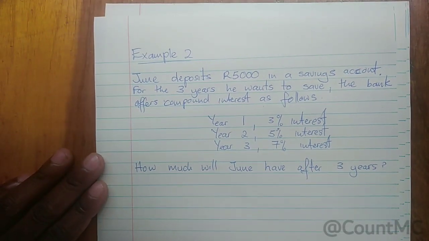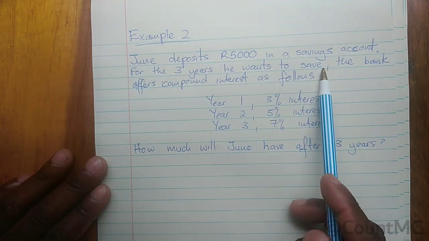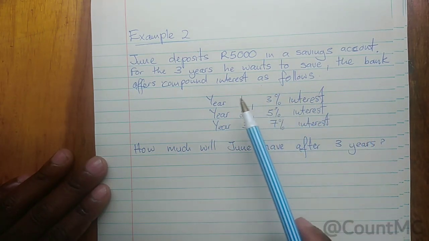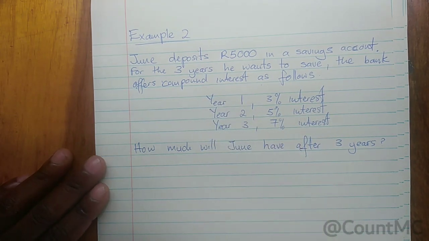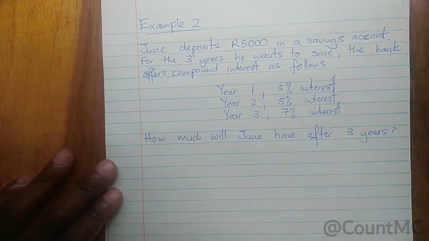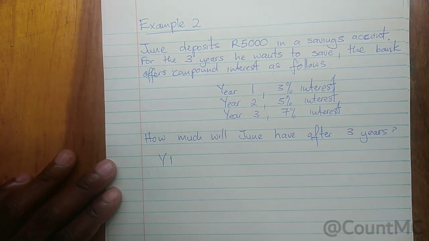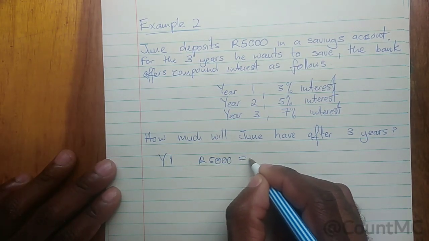June deposits 5,000 rands in a savings account. For the 3 years he wants to save, the bank offers compound interest as follows. Year 1, 3%, year 2, 5%, year 3, 7%. So let us calculate what happens in year 1. We want to see the interest that he has in year 1. 5,000 rands is the 100%.